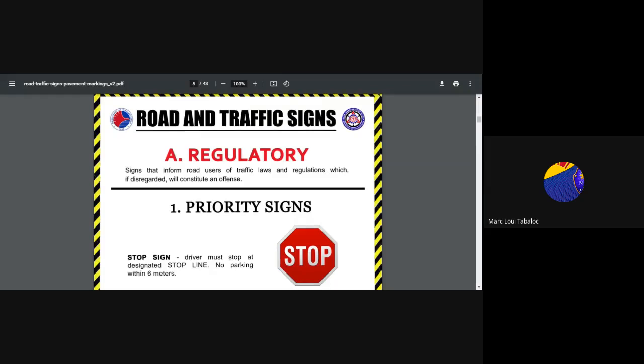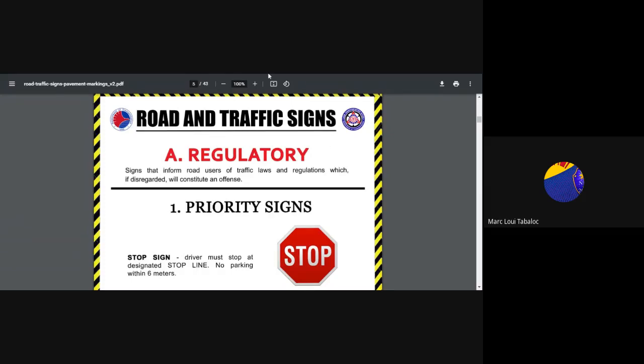Yan. So traffic signs are standard as per Presidential Decree number 207. Naaayon yan sa International Convention sa Vienna, Austria on standardization ng traffic signs, traffic signals, at the same time, pavement markings.